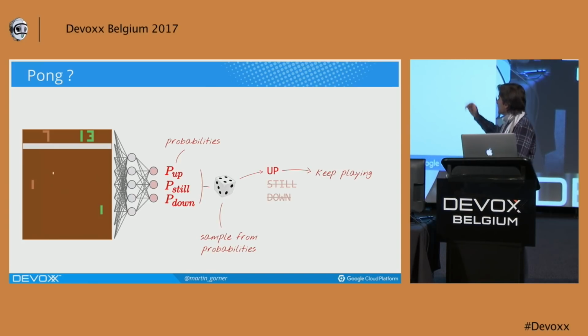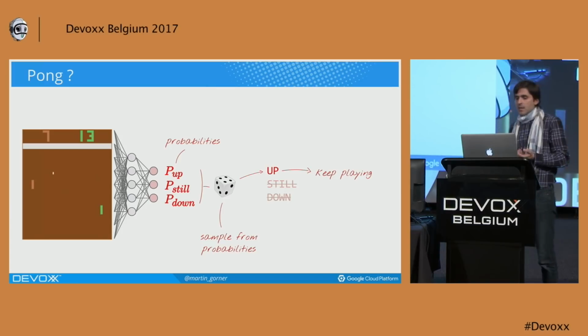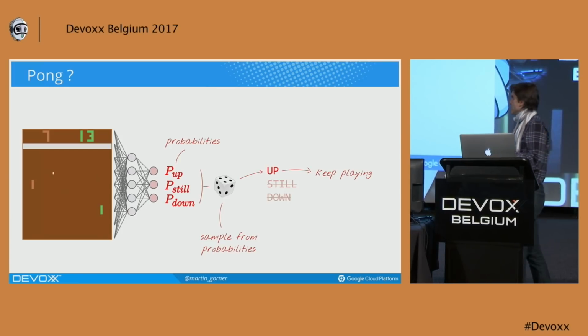And if P down was very, very improbable but not completely, maybe P down will come up only once in 100. So that's called sampling from those probabilities. We take one possible answer, but we respect the probabilities of those answers. So let's say we sampled and we obtained up. So we move the paddle up by one notch and we keep playing.